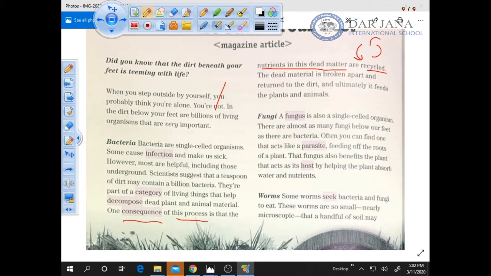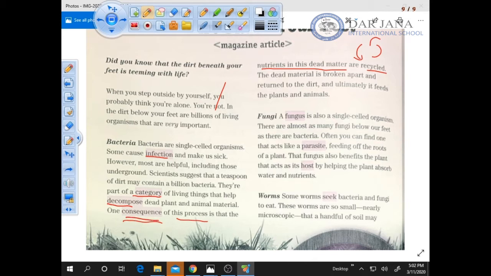So we have here infection, which means something bad relating to the sickness of someone. Categories, having a big portion of something and within your small sections. Decomposing, making smaller, reducing the material to something less.